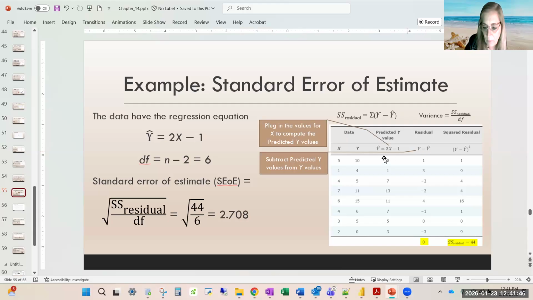And so now we know what the values for y hat are. So we plug it into this formula, y hat, and we subtract that from the y scores. So 10 minus 9 equals 1. All right. And then we take the next step and square all of these scores, and we end up with squared residual. So hence, this is how we arrived at 0 and 44.